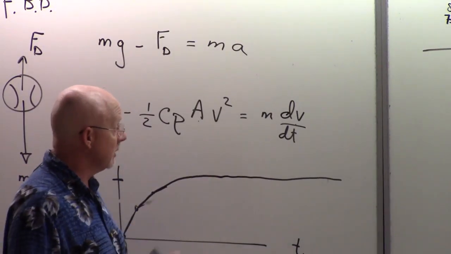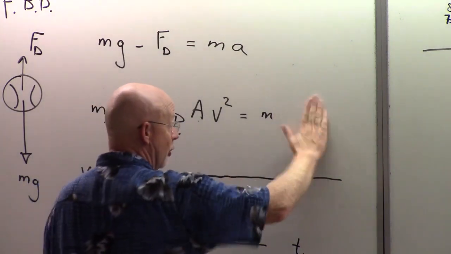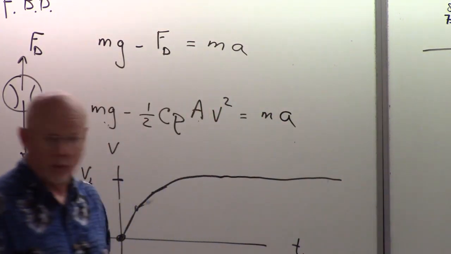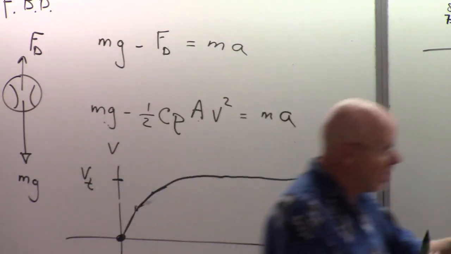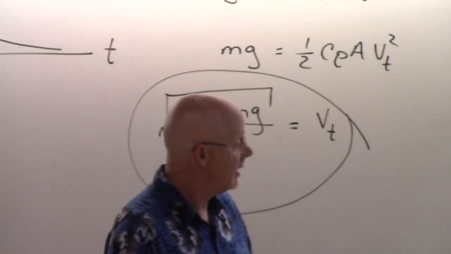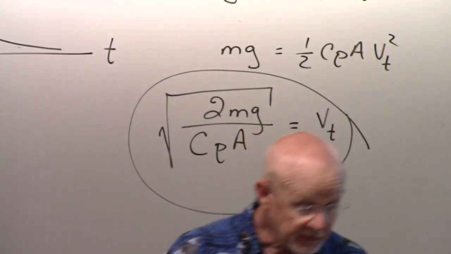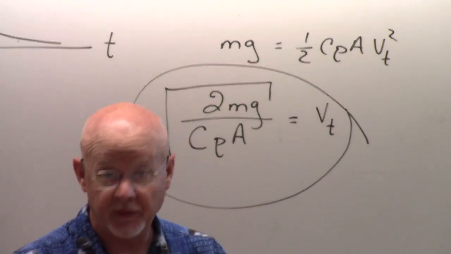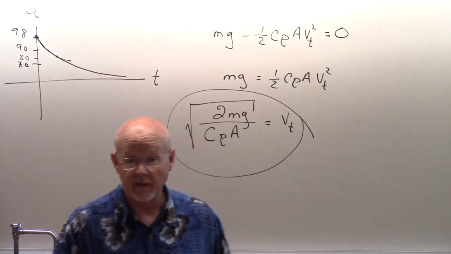That might be asking a little too much, so I'm not going to go down that road for this class. So this is not saying anything about how much time it takes to get to terminal speed. It is just saying that if it has enough time, or enough distance, whichever word you want to put there, it won't go any faster than that.